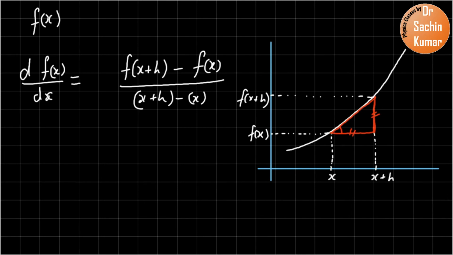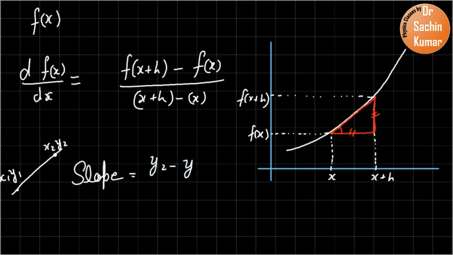Let's see how. Let us consider I have a straight line and there are two points on this straight line. One is (x1, y1) and another is (x2, y2). Then my slope is equal to y2 minus y1 divided by x2 minus x1.